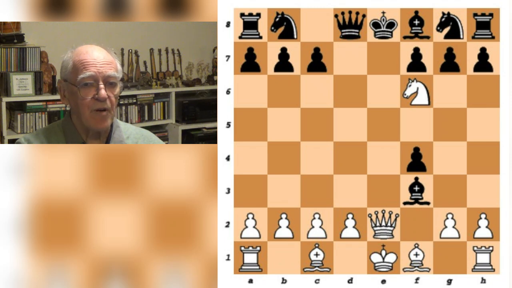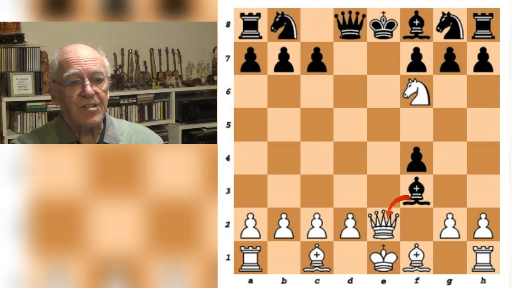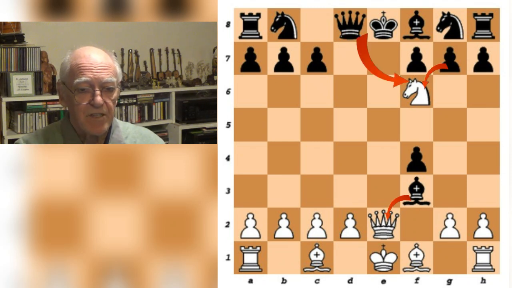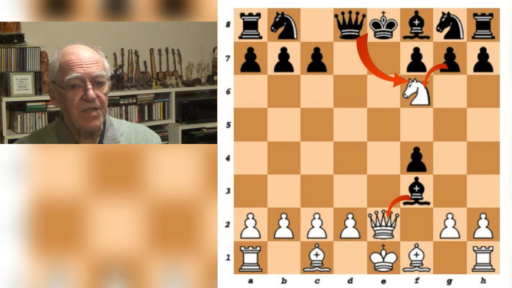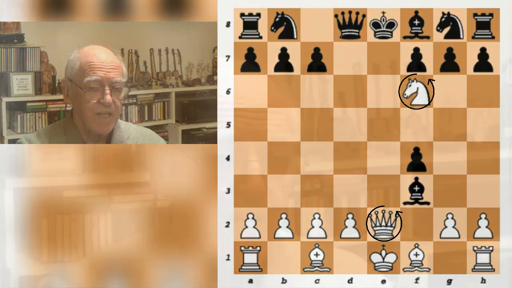And now when we look at the diagram, we see that black can capture the check-giving queen with his bishop, f3 takes queen e2, or the check-giving knight with knight g8 takes knight f6, or with the queen d8 takes knight f6, but he cannot capture both check-giving pieces with a single move. And that's the power of a double check.